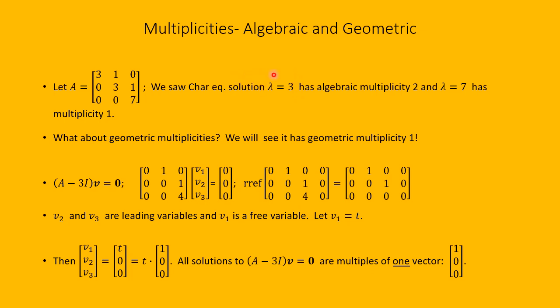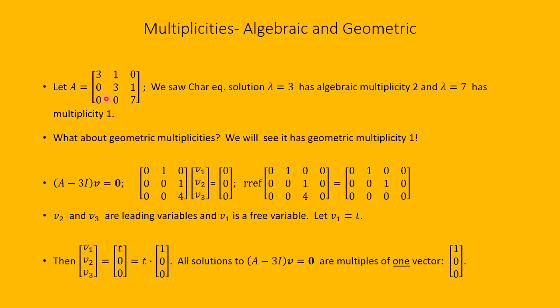The algebraic multiplicity depends on the characteristic equation. But what can we say about geometric multiplicities? Well, if we look at lambda equals 3, we want to see what eigenvectors it has corresponding to that eigenvalue. So we'll look at A minus 3I times v equals 0.